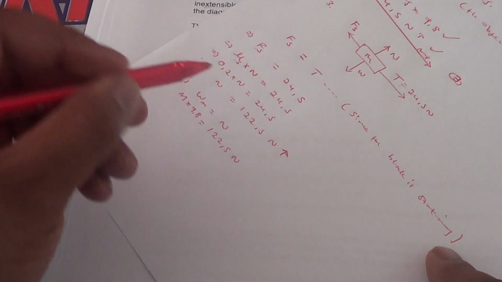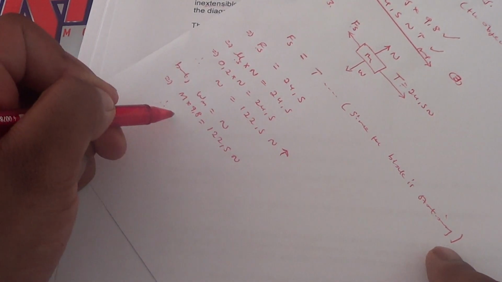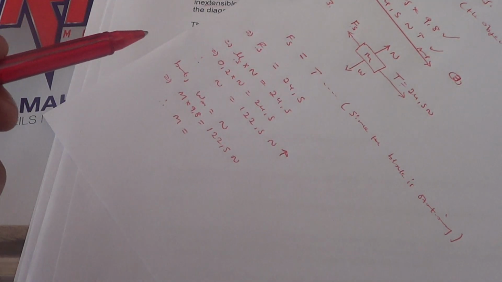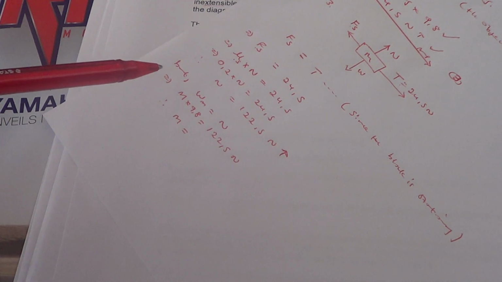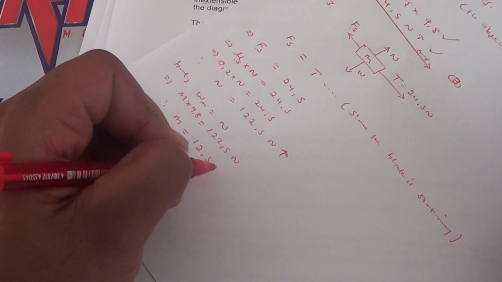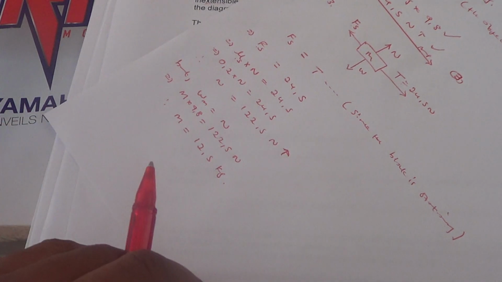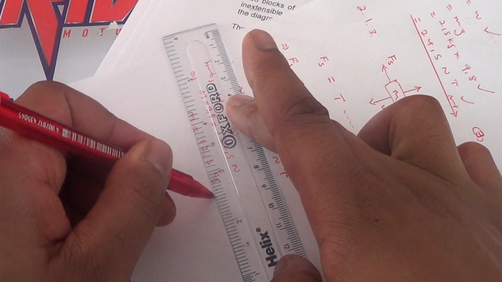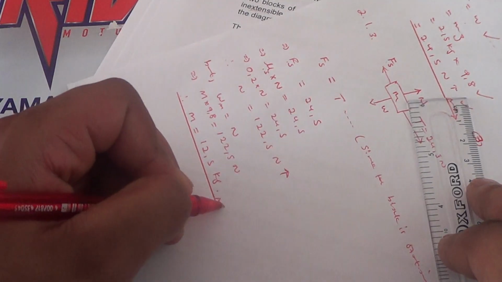Therefore, we can say safely M equals 122.5 divided by 9.8. And then what I get here is 12.5 kg. Remember, the mass in this calculation is in kilograms. Not a problem.